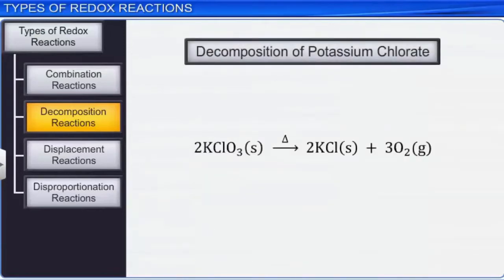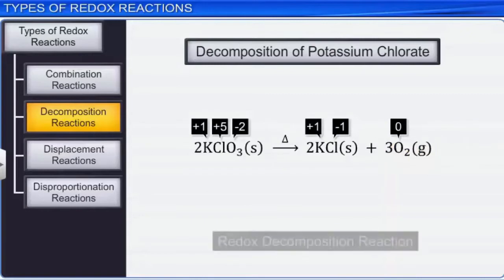In this example, potassium chlorate decomposes to form potassium chloride and oxygen. One of the two products, oxygen, is present in elemental state. Hence, this reaction is a redox decomposition reaction.